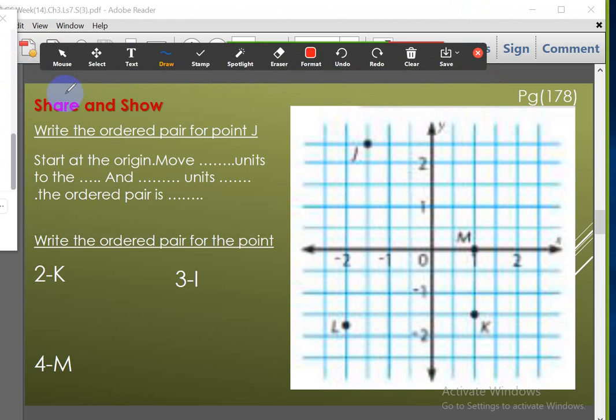So let's now continue the lesson. Yesterday we talked about the coordinate plane and the ordered pair. So let's continue now. I want to write the ordered pair for point G. Okay, so point G in share and show, I want to find the x coordinate and y coordinate.